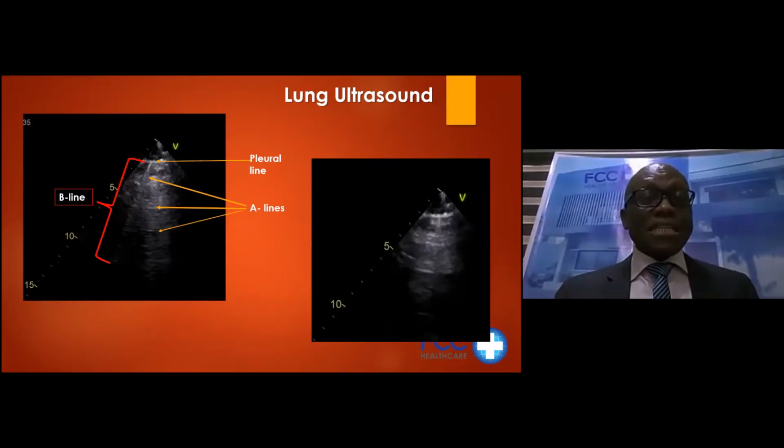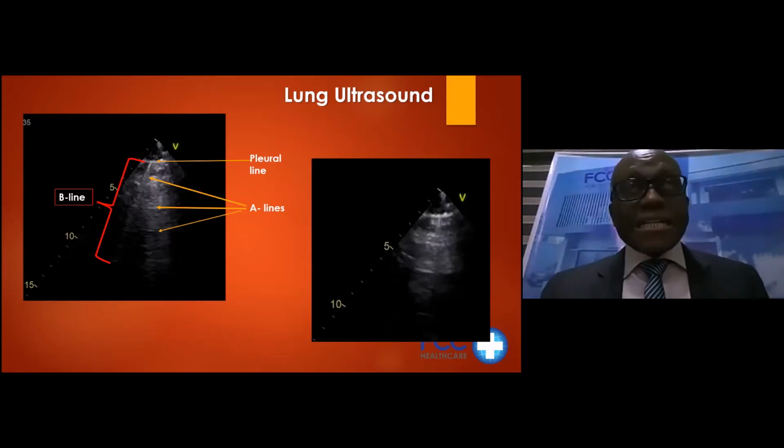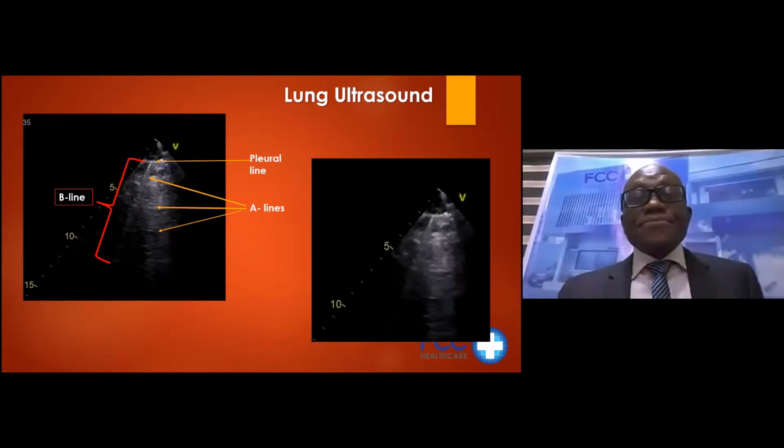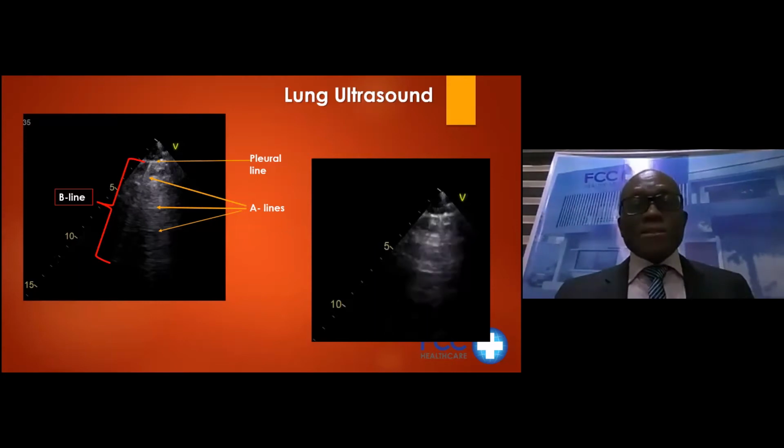And there is this shadow here that is more vertical, and those are called B lines. And they really reflect the passage of ultrasound through the interstitium. And everybody has interstitium, so it is possible to have a few B lines in a normal study. But this is what they look like when it's normal.